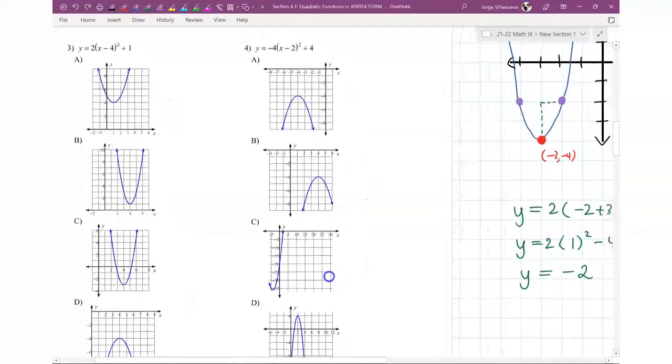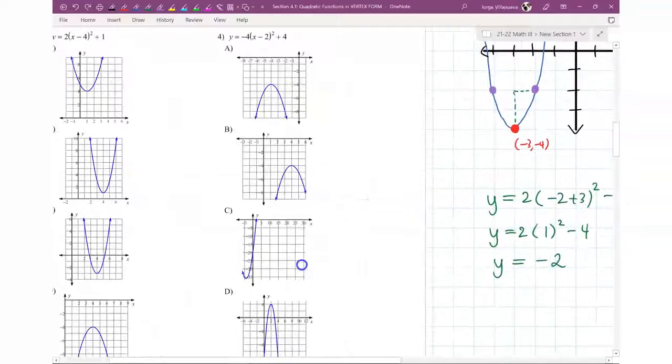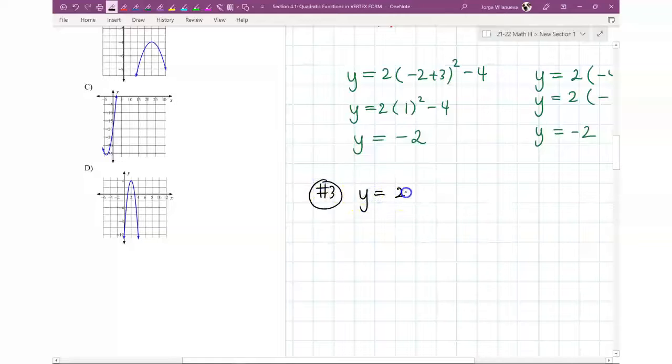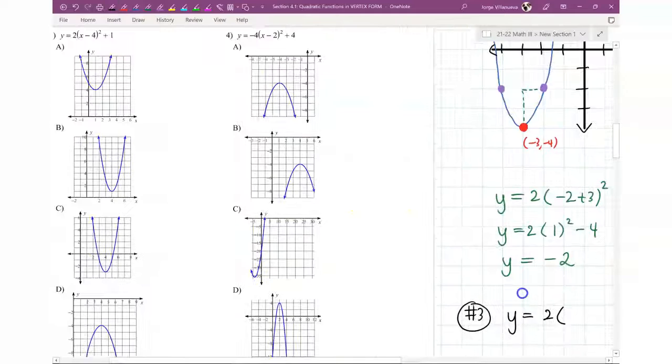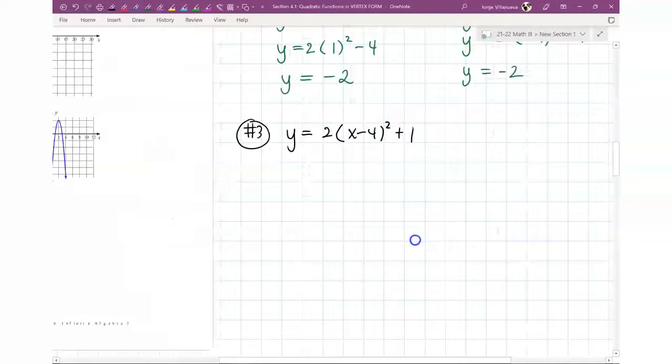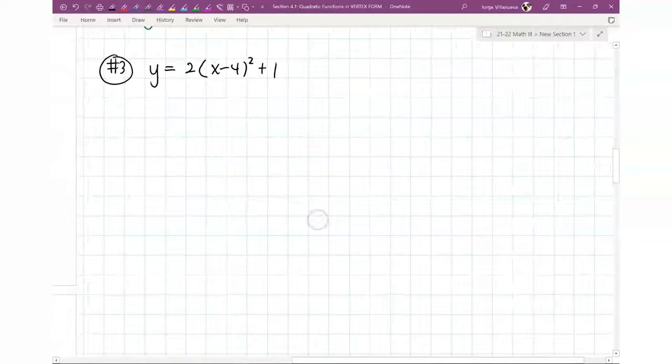So let's see. Question number 3, 2 times x minus 4 squared plus 1. So let me put it right here. Number 3, y equals 2 times x minus 4 squared plus 1. Now I'm going to graph this.